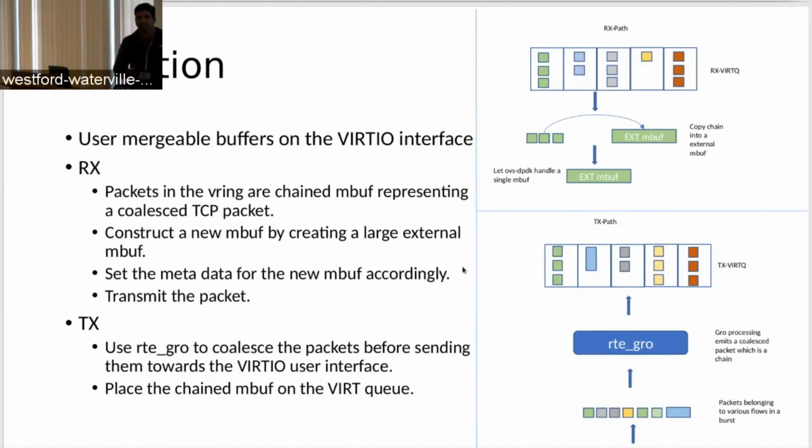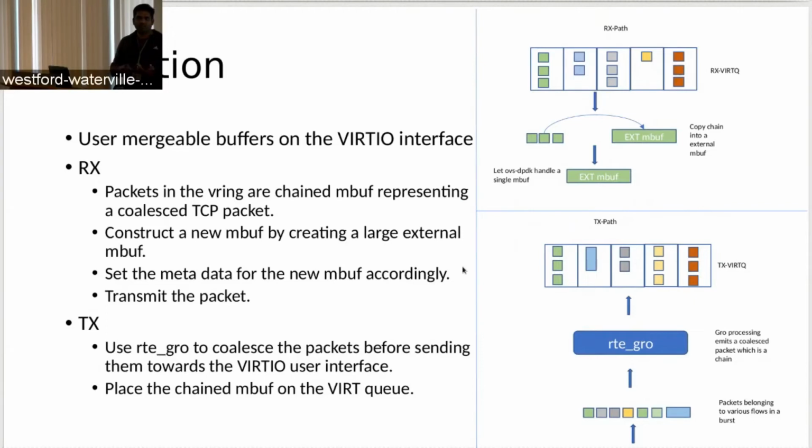On the TX side, right after we receive the packets from the Ethernet interface, we make use of the RTE GRO API provided by DPDK and chain these MBUFs such that you create a humongous packet, but it is a segmented MBUF.